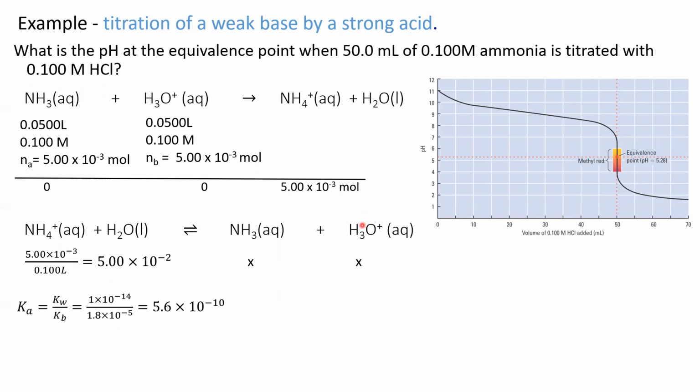You can calculate what the pH of the solution is going to be. All right, so I'm getting 5.3 times 10 to the minus 6 for the hydronium ion. So 5.275 for my pH.